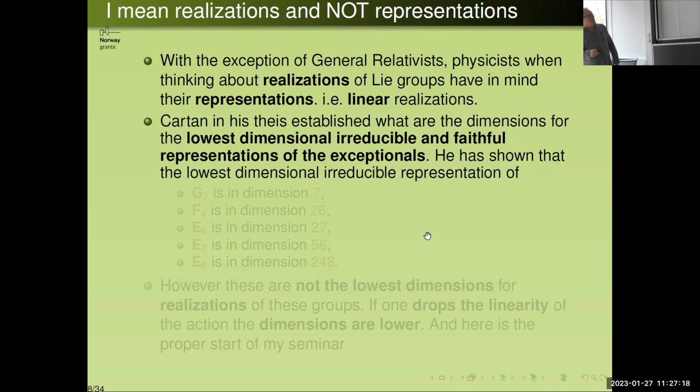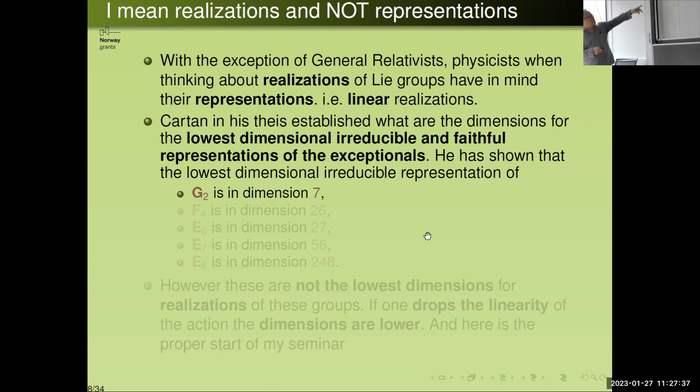He showed that the lowest dimensional irreducible representation of G2 is in dimension 7. And you remember that Killing said the lowest realization is in dimension 5. So these non-linear realizations could be on a lower dimensional space.